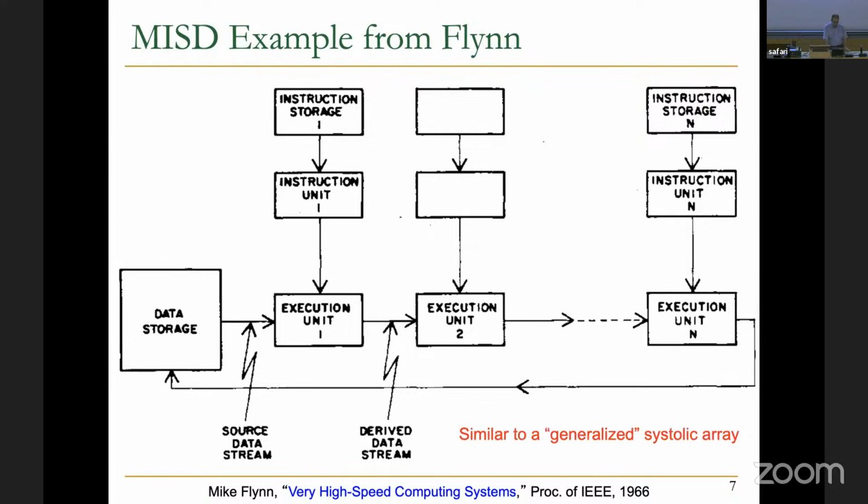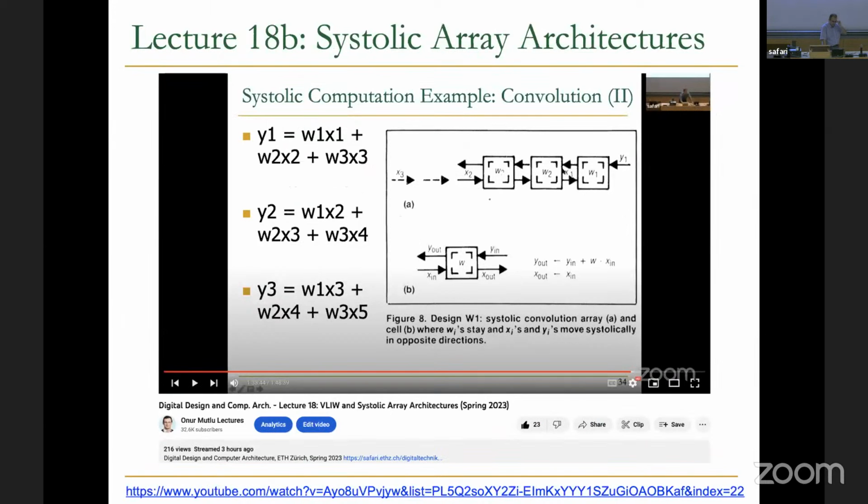It's very similar to a systolic array, like a generalized form of systolic array. As I said, we haven't discussed systolic arrays in detail in this course, but if you are interested, you can watch this lecture from the past. I think you're going to like it because it's a fascinating topic that has a lot of impact on today's accelerators for machine learning.